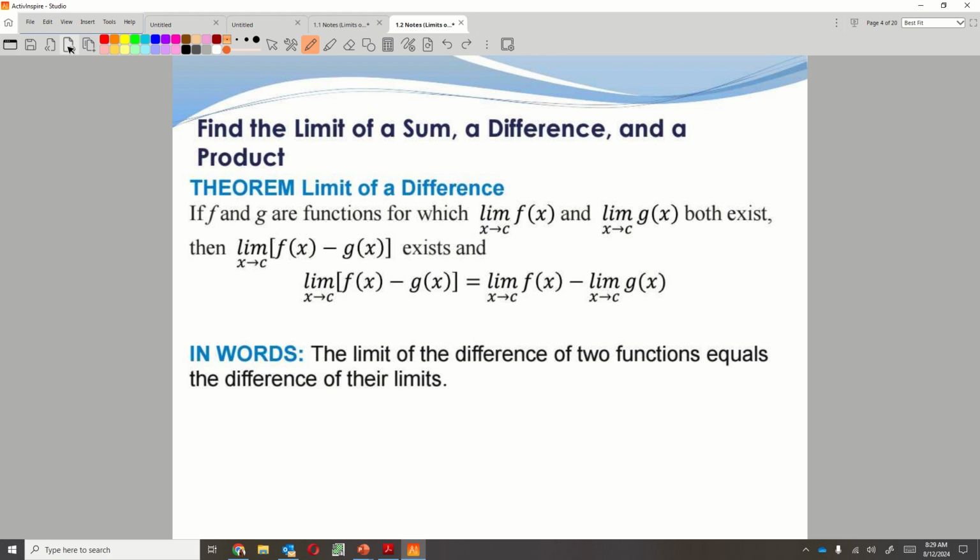Yep. Find the limit of a sum, a difference, and a product. So, same thing that we said, individually, if I have the limit of all of this, I could break it up into two separate limits, the limit of f of x minus the limit of g of x, as x approaches c on both of those. I could break those up into two separate items.